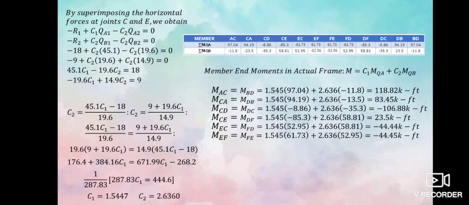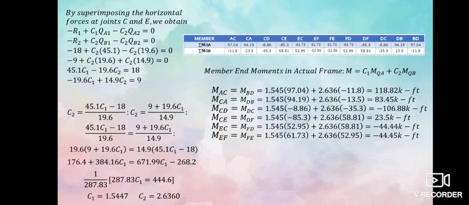Here, by superimposing the horizontal forces of joints C and E, we obtain negative R1 plus C1 QA1 plus C2 QA2 equals 0, and negative R2 plus C1 QB1 plus C2 QB2 equals 0. Substituting the values: 18 plus C1 times 45.1 minus C2 times 19.6 equals 0, and negative 9 plus C1 times 19.6 plus C2 times 14.9 equals 0.